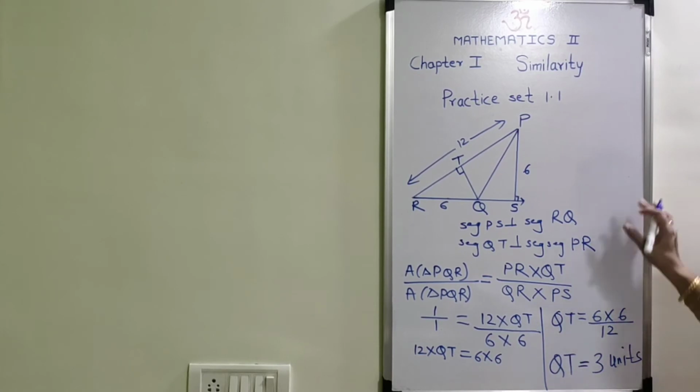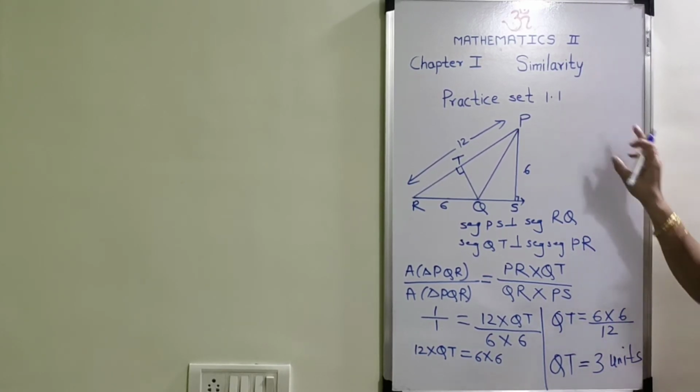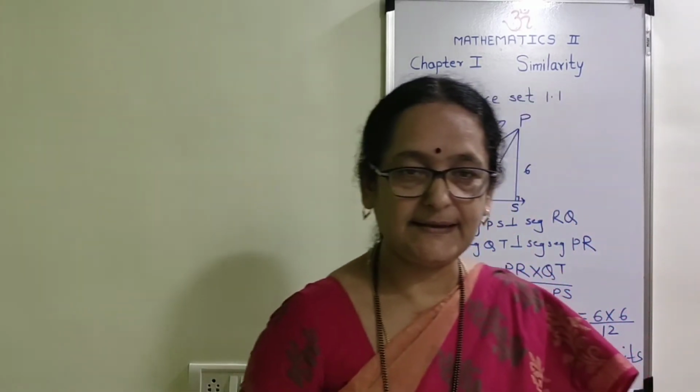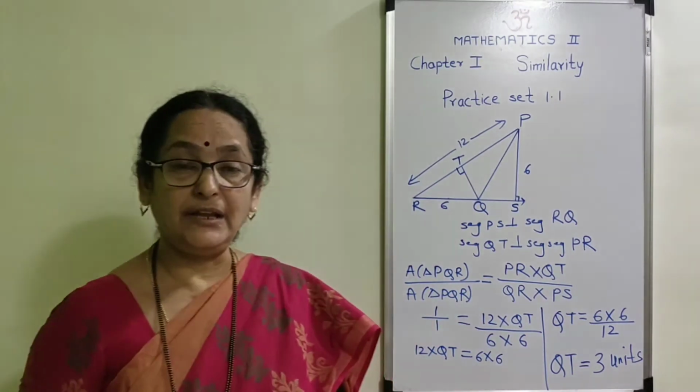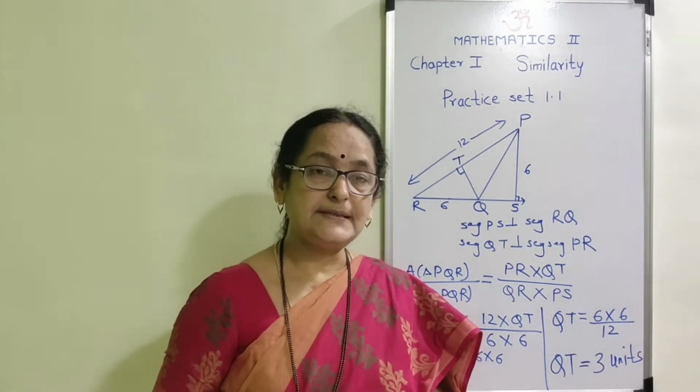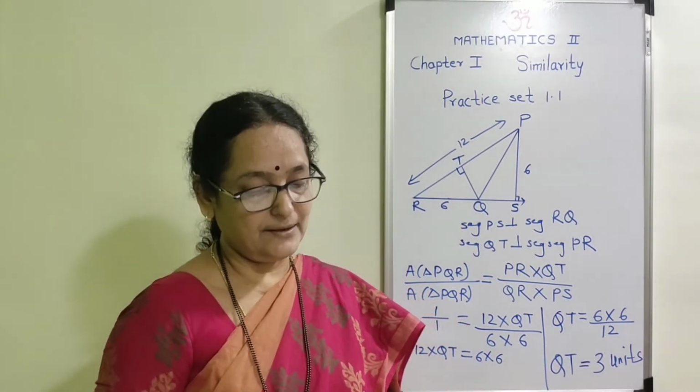Now we have completed the third example from practice set 1.1. Now I am going to take also the fourth example. The concept given in the fourth example, we need to prove the basic proportionality theorem.